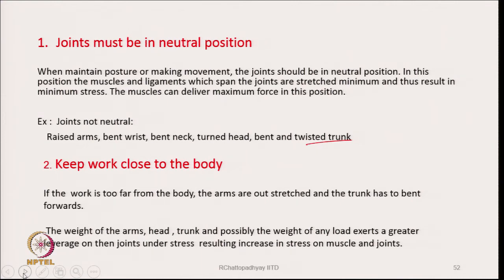Point is that there is a possibility that the arm, head, trunk, all these body parts, and possibly the weight of any load, will exert a leverage on the joints, and therefore the joints will be the stressor, like bending stress or moment is going to act on the joints.